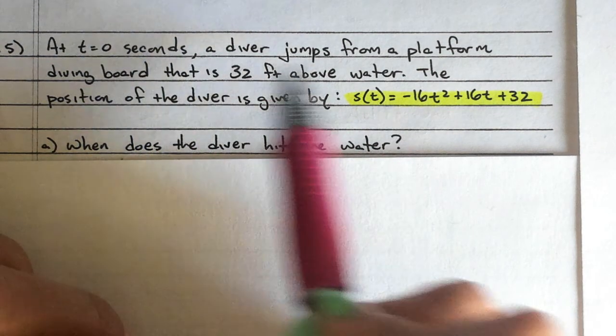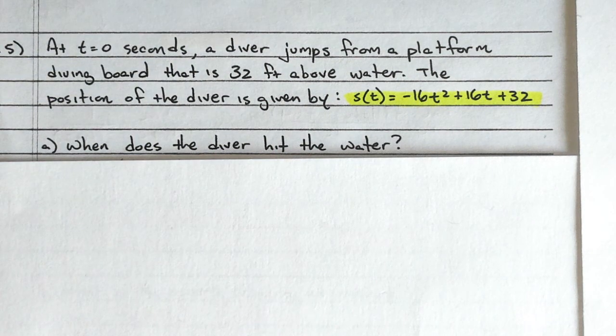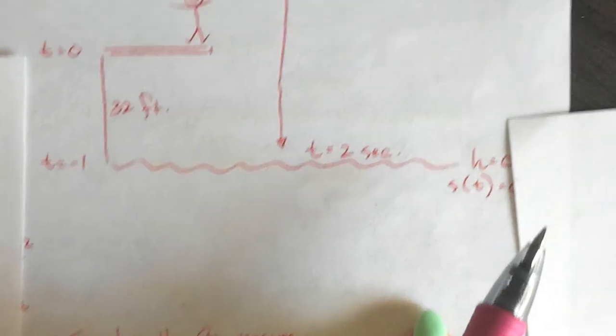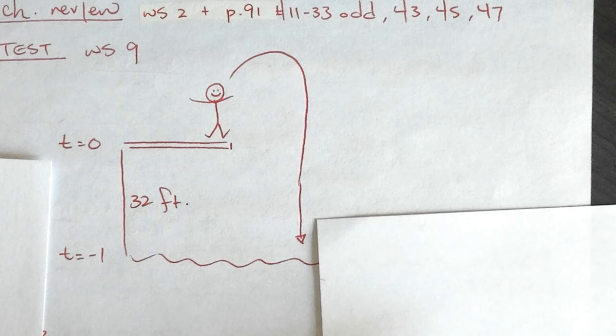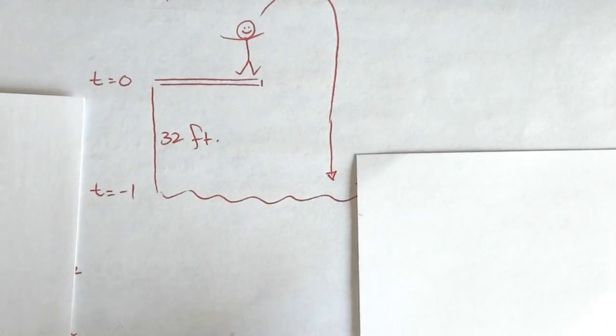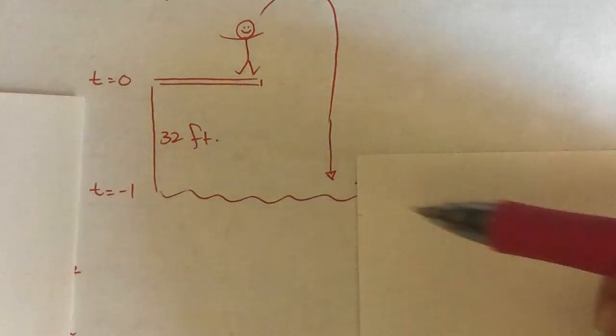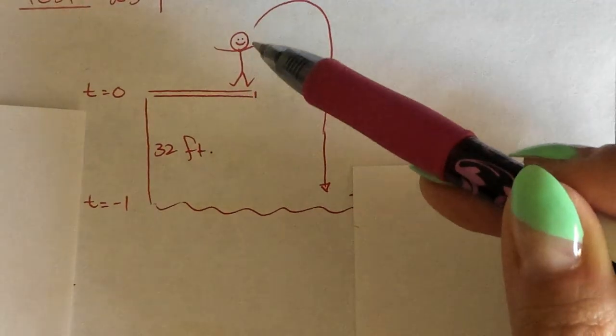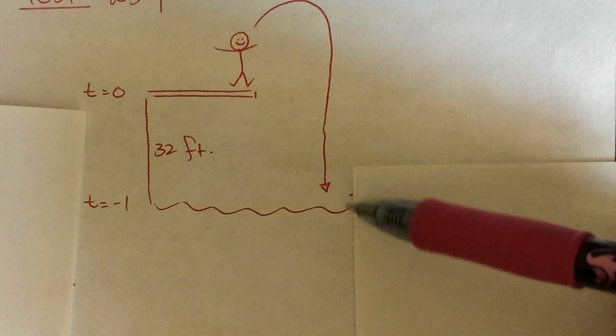But so that you understand what's happening, it's nice to draw a picture. I'm going to draw a picture with you. Actually, you can try it yourself. And then on the right side, I'm going to show you. So you have a diver, and they're jumping, right? So you have like water, you have a diver, they're like, woo, yeah, I'm going to jump up, and then it's going to come back down.